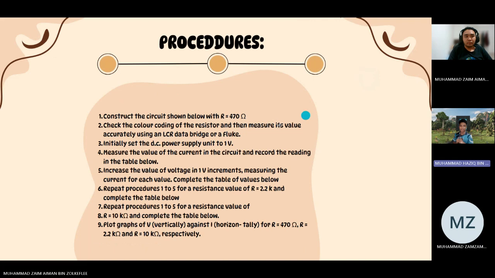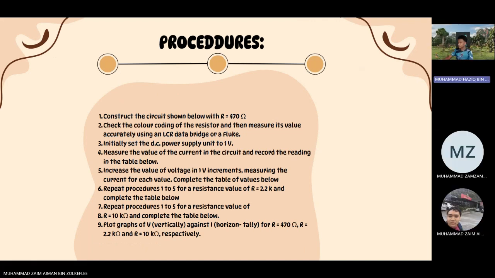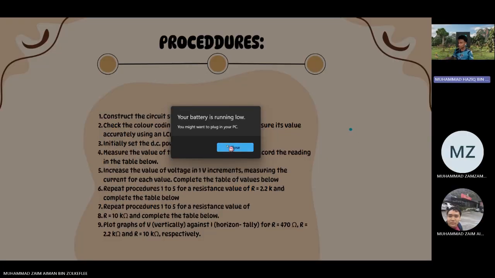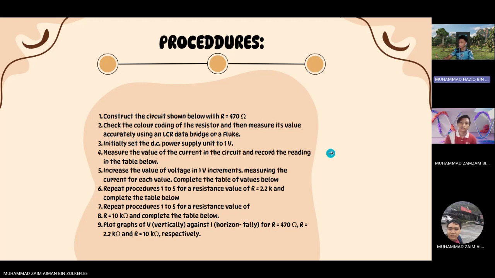Next slide, please. Thank you. So for the procedure: first, construct the circuit shown below with resistance 470 ohm and check the color coding of the resistor, then measure whether the value is accurate using the LCR data bridge or Fluke.